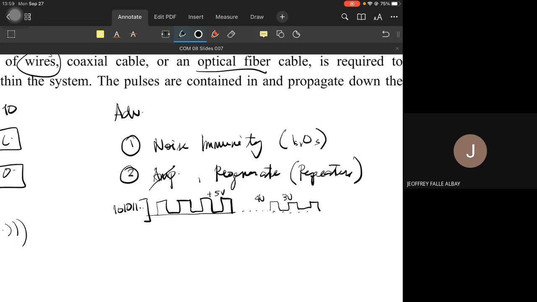So we just need to input it into what we call a repeater to recreate the signal. So 1010 again, back to positive 5 volts. That's another advantage of digital transmission techniques: no need for amplification, just recreate the signal.